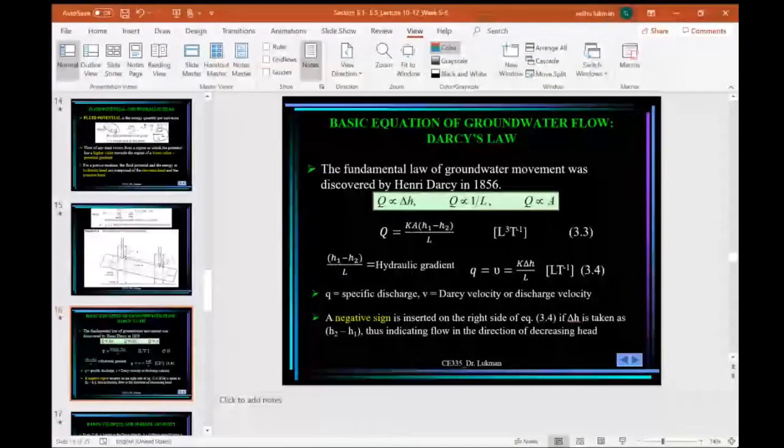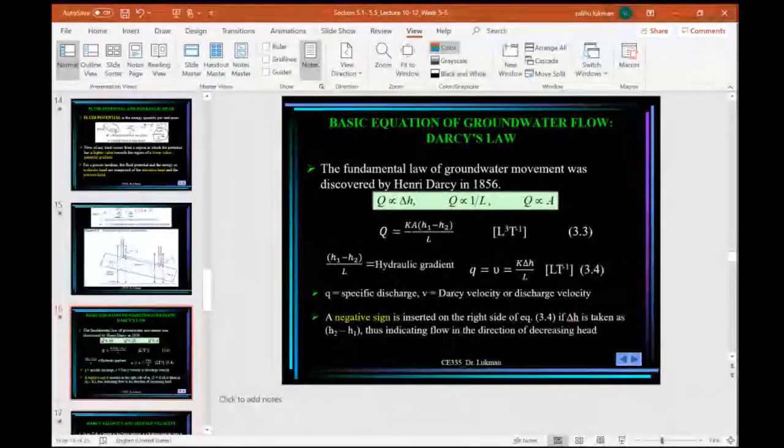A negative sign is inserted on the right side of equation 3.4 if delta H is taken as H2 minus H1, thus indicating flow in the direction of decreasing head. If we use H2 minus H1, it is going to be negative. So for the flow to be a positive quantity, we need to introduce a negative sign so that Q turns out positive.